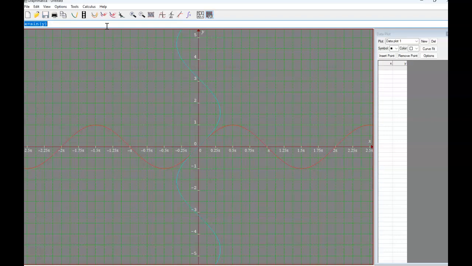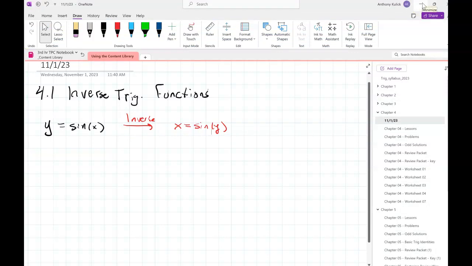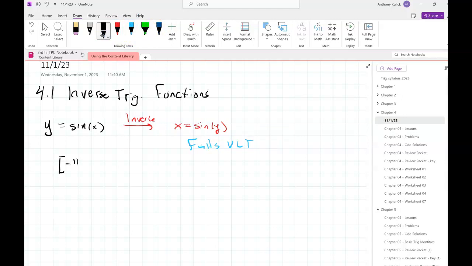So what we're going to do is we're going to restrict the domain for sine. So what we are going to do is we're going to say, okay, let's just consider the stuff from sine between negative pi over 2 and positive pi over 2.